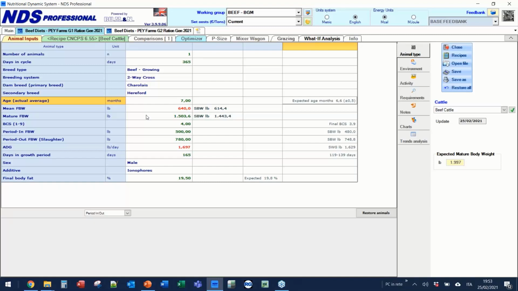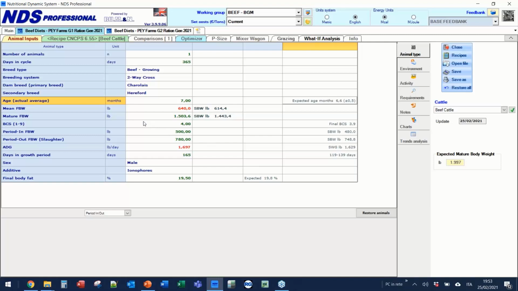So we decided to use a different approach for this input, and we defined some mature body weight by default. You can see here in the expected mature body weight what would be the mature body weight used in this specific situation with a crossbreeding Charolais per Hereford, in order to have an idea about the whole growth curve.